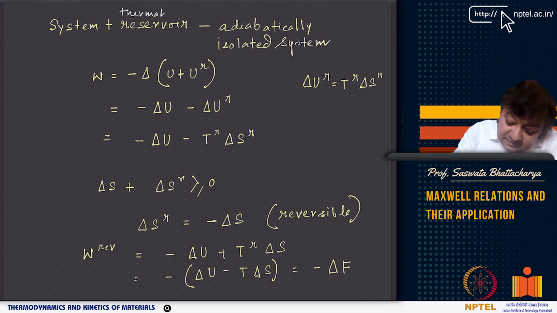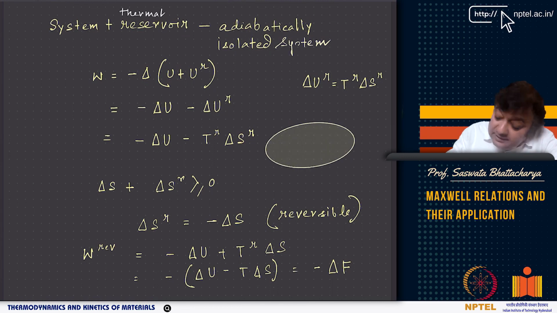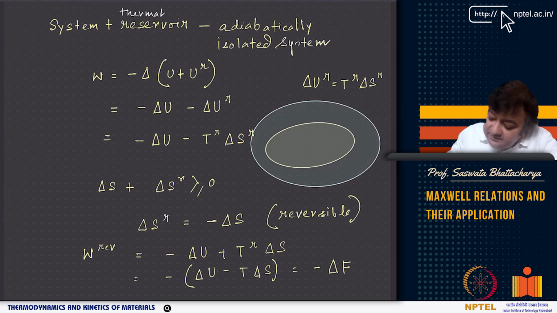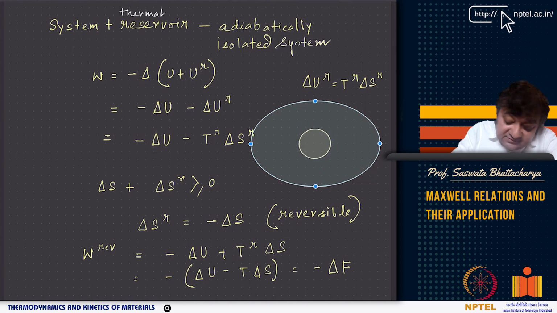So basically, you have a system and then you have a reservoir. Let me make the system smaller compared to the reservoir. This is your system and this is your reservoir.